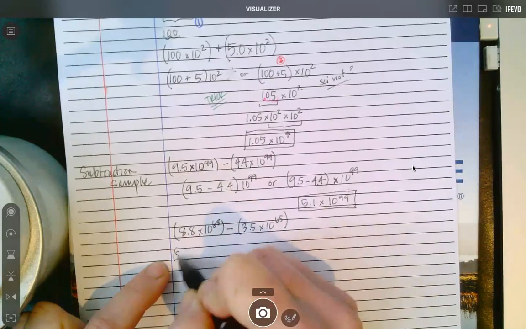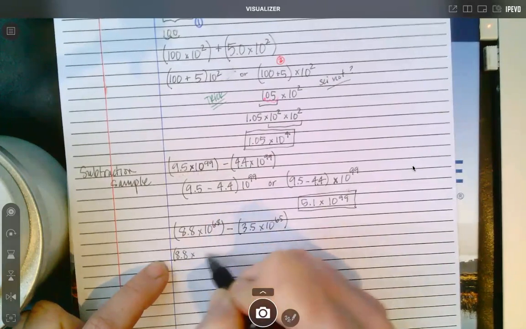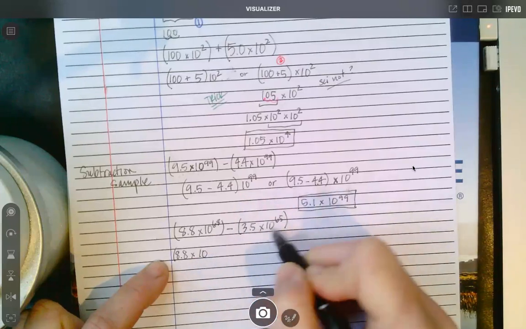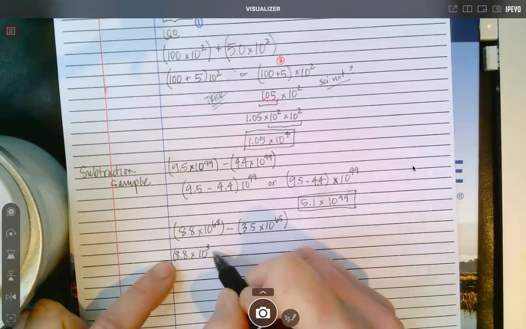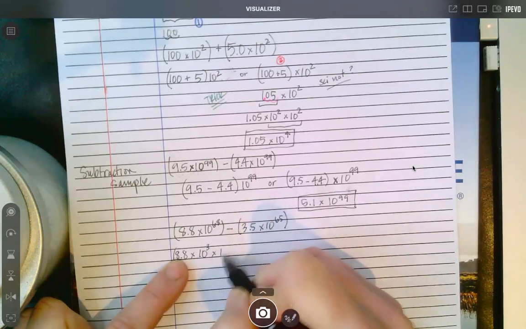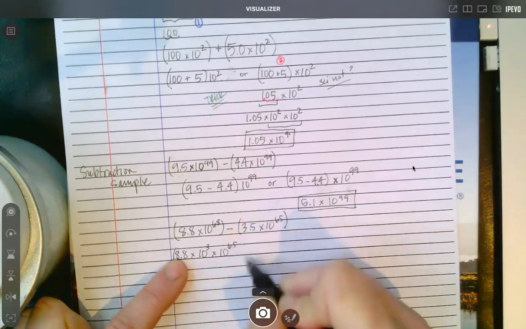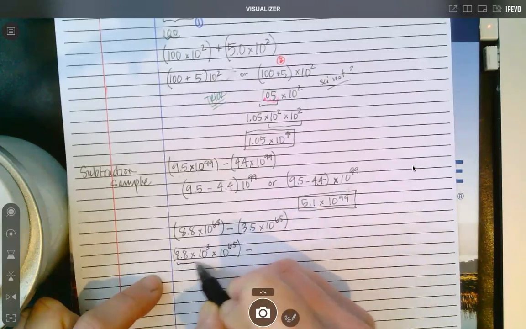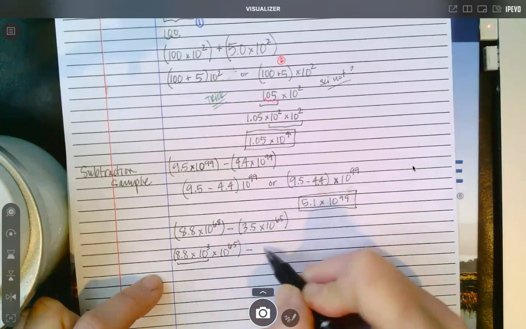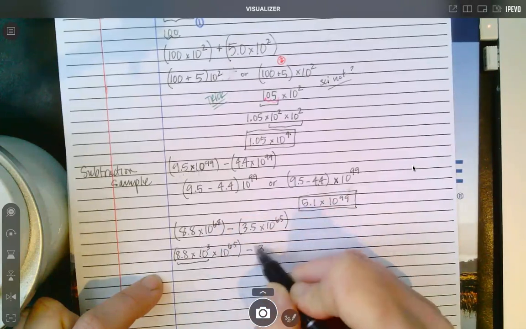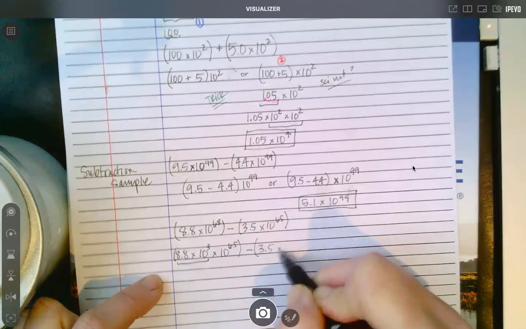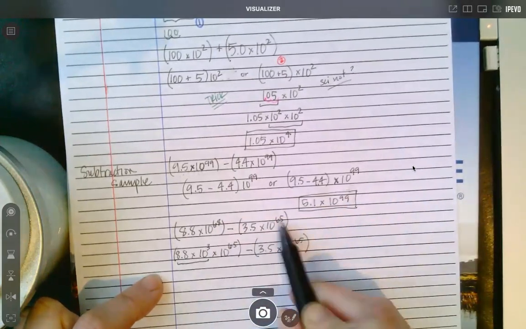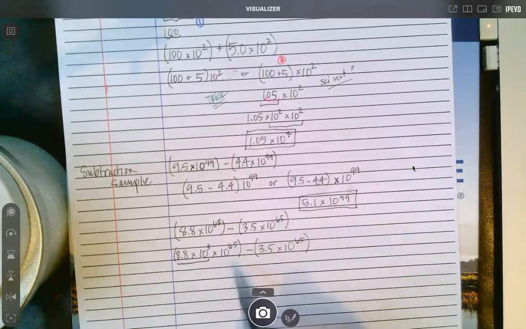So in rewriting, 8.8 times 10 to the, well, what I've got to have is 10 to the 3rd, if I split these apart, and then 10 to the 65th, right? That leaves me to combine those two and make my adjustment. Since this is a 65, it's just easier for me to manipulate that there.